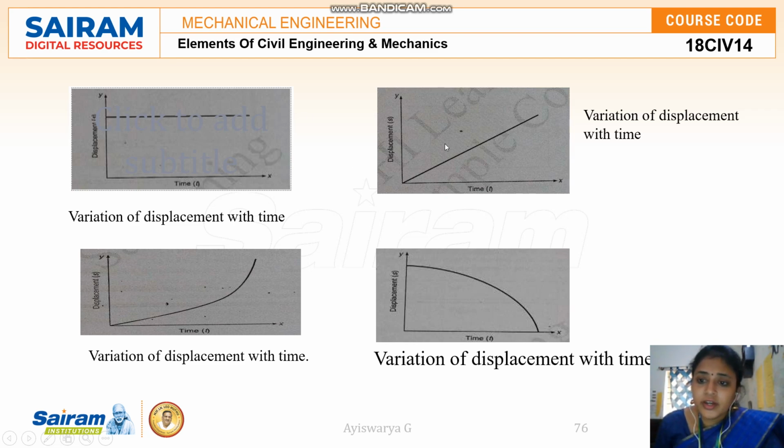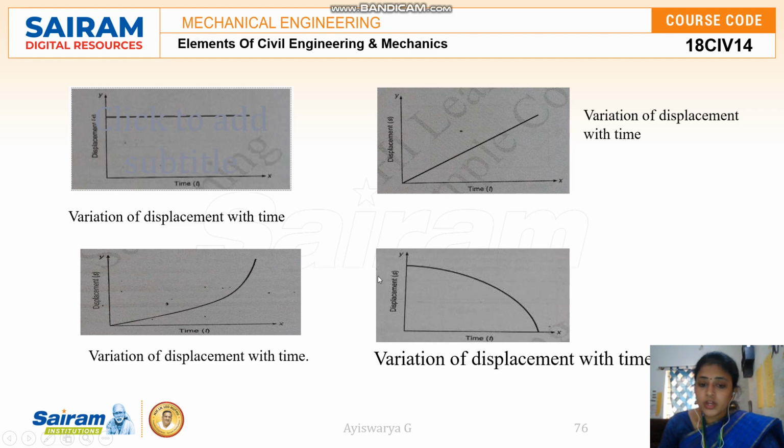The next one is when it has a constant speed, constant velocity. The graph will look like this. The variation of displacement and time will be equal. Wherever you start, for the same time you will have the same displacement. The third graph says that when the displacement is consistently more, it will be represented by a curved path.